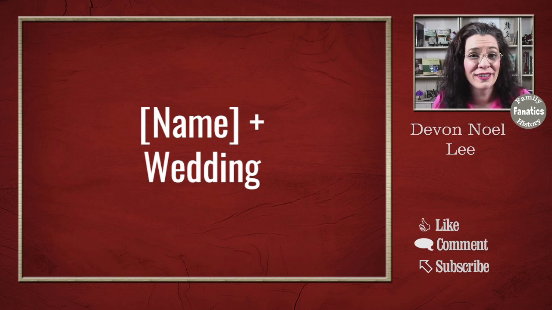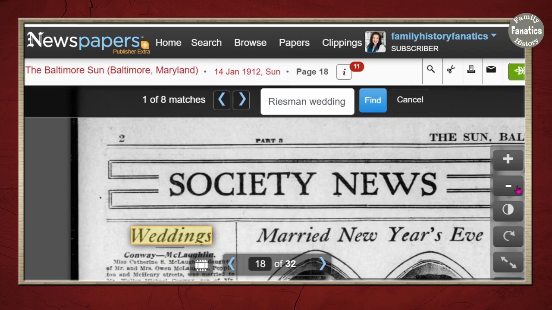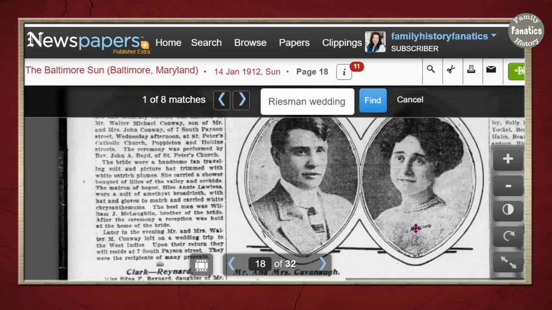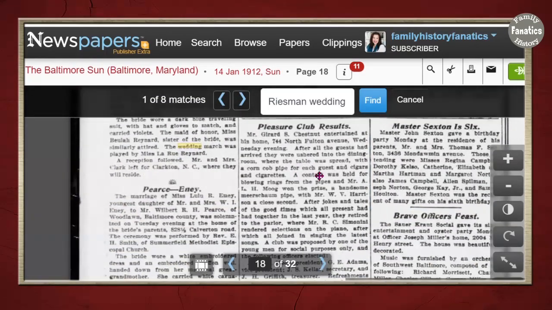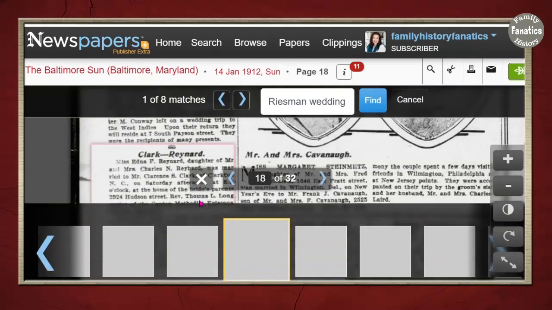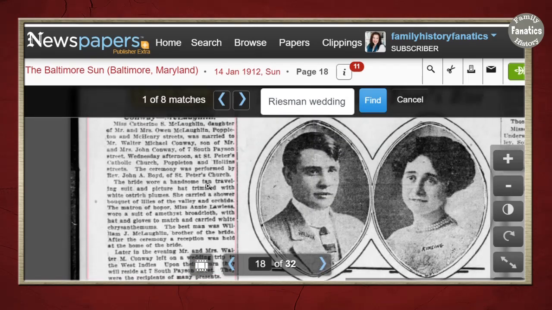So let's try surname plus wedding. Of course, you can use the surname plus wedding combination, and in the society news pages, this is from 1912 in Baltimore, Maryland, we sometimes can get the couple's picture and a number of other entries.